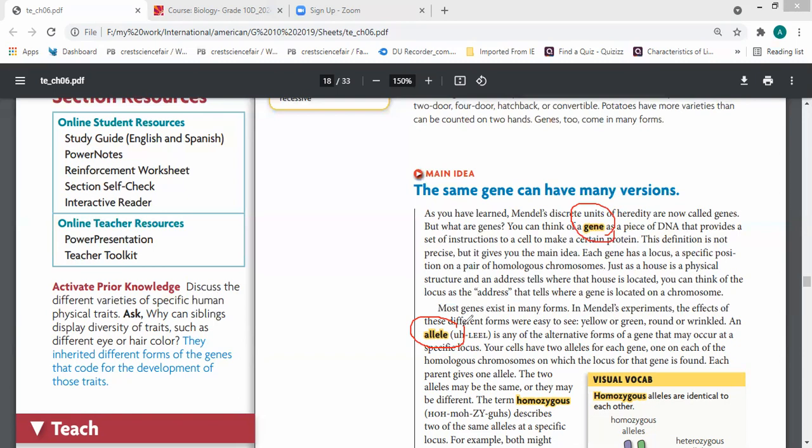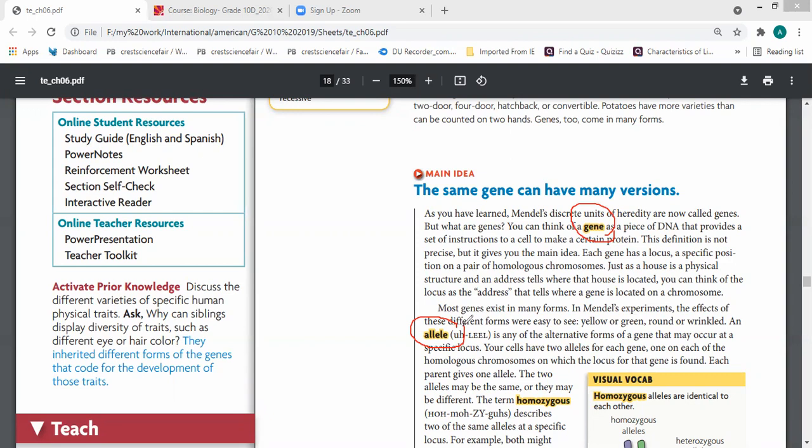We have a gene carrying the flower color, but maybe the flower color is red, maybe white. Both of these two chromosomes have the same gene, the same trait, flower color, but in different forms.